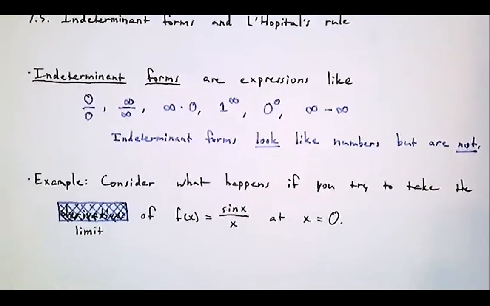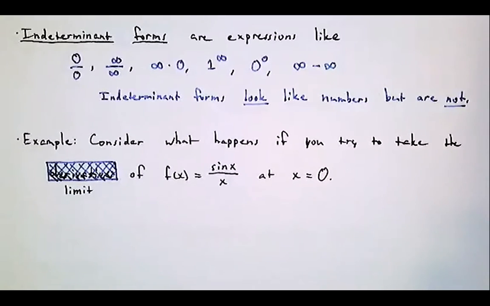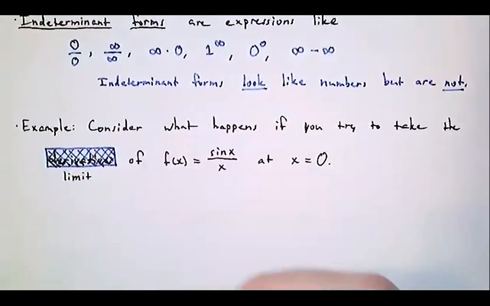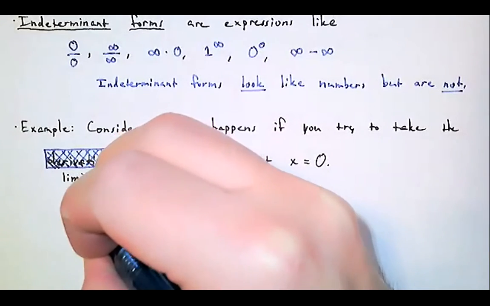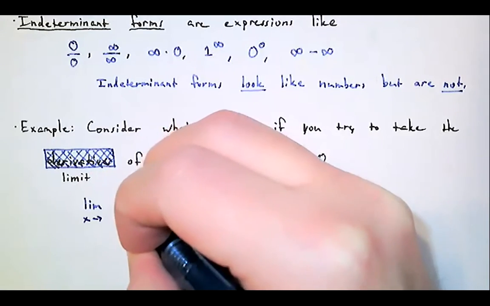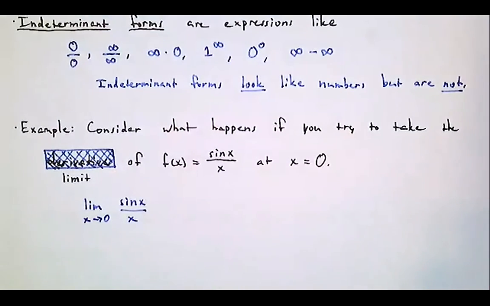And these come up, I believe I mentioned, pretty often when you're doing limits. Like this example here. We can consider what happens if you try to take the limit of this function, f of x equals sine x over x, at x equals 0. So normally what we would do is set up the limit like this.